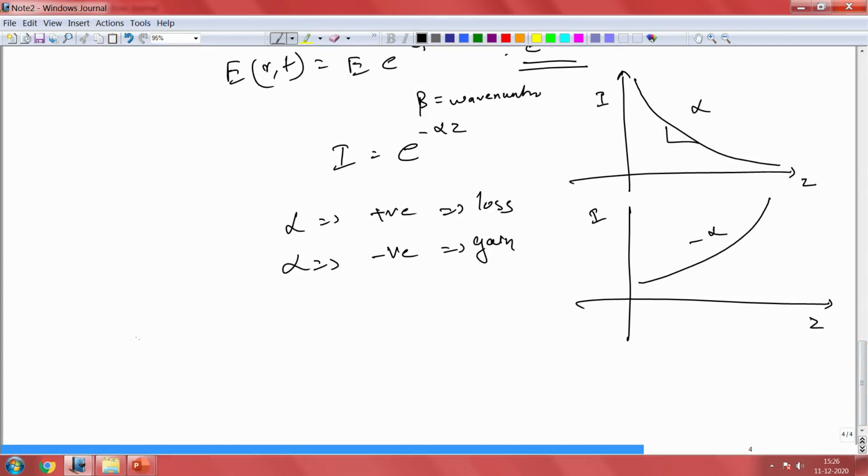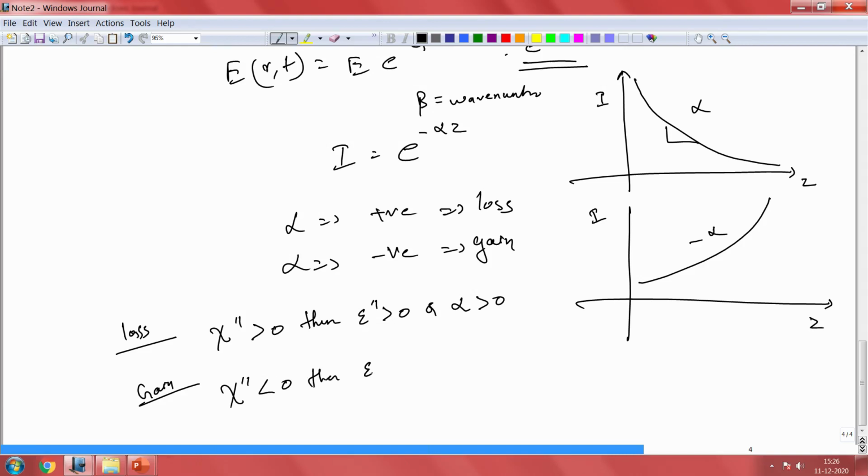For the lossy side, you have chi double dash greater than 0. So, epsilon double dash is greater than 0 and alpha is also greater than 0, and this is for loss. For gain, chi double dash is less than 0, then epsilon double dash is less than 0 and alpha is less than 0.